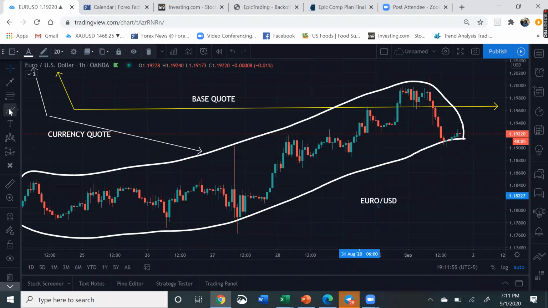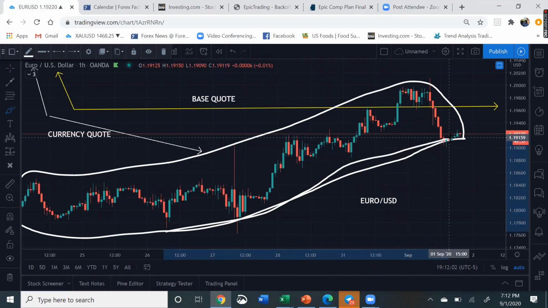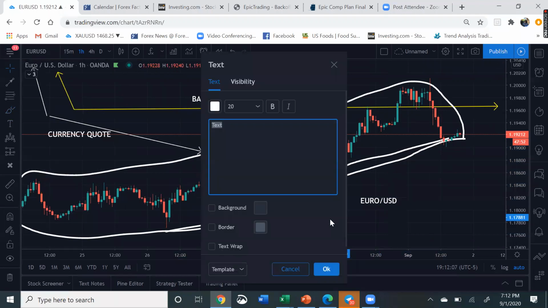What that means is that for 1 euro, whichever way this market moves, 1 euro will equal whatever the US dollar base is.